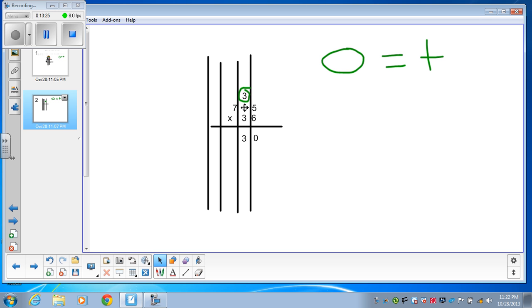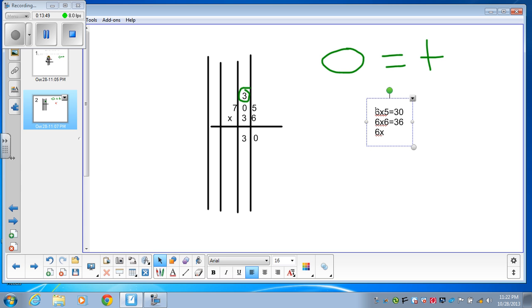6 times 7 is, well, I know 6 times 5 is 30. So 6 times 6, oh, and if I need to, I can write it right here. 6 times 5 equals 30. So 6 times 6 equals, good, 36. Therefore, 6 times 7 equals, if you said 42, you are correct.